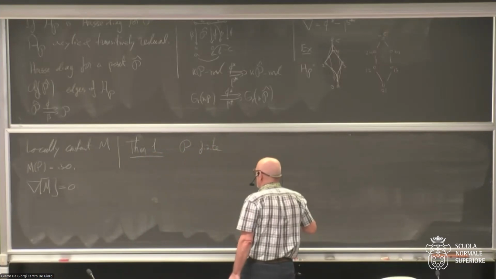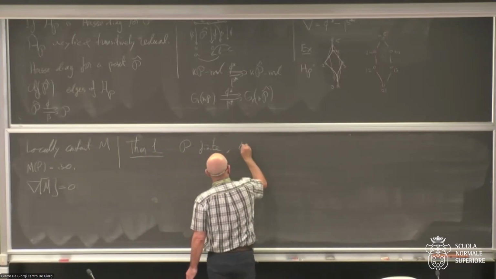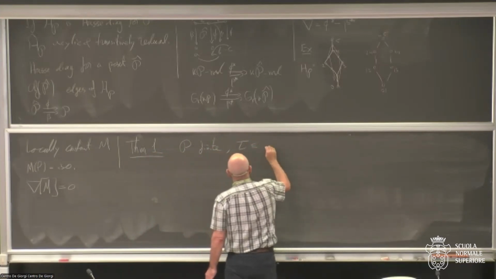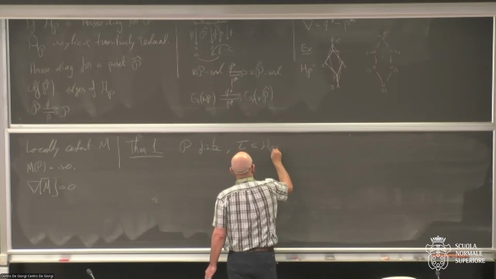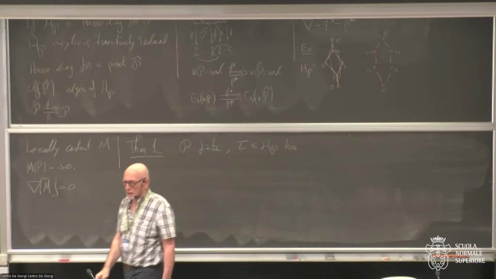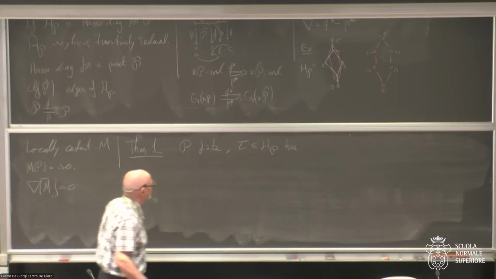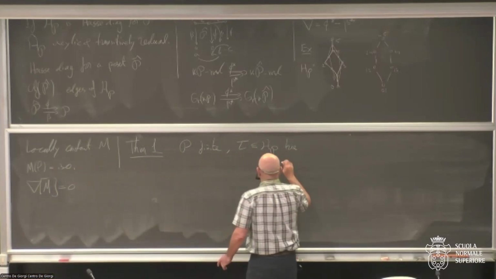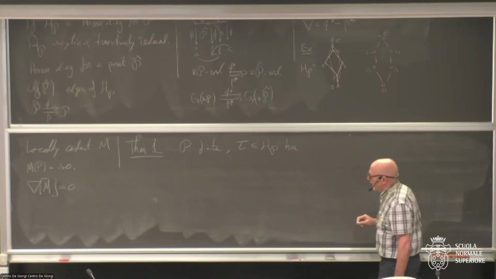Let's let P be finite, and let's let T be a subgraph of its Hasse diagram, which is a tree. Okay, connected. I'm not writing connected because I'm going to ask for something else.